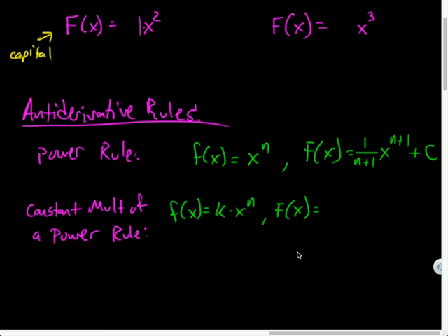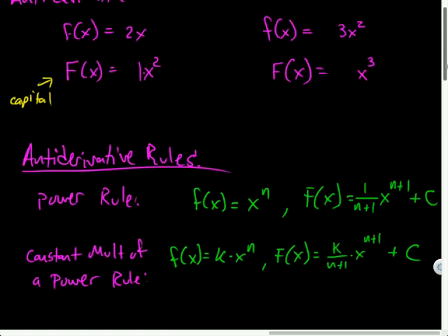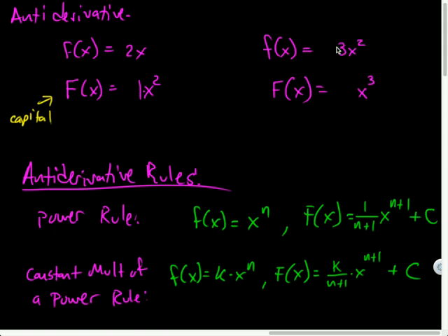K over n plus 1 times x to the n plus 1, and then plus some constant. And that's what we found up here, right? With this 3, I divided by n plus 1, where n was my 2, so 3 divided by 3 became 1.